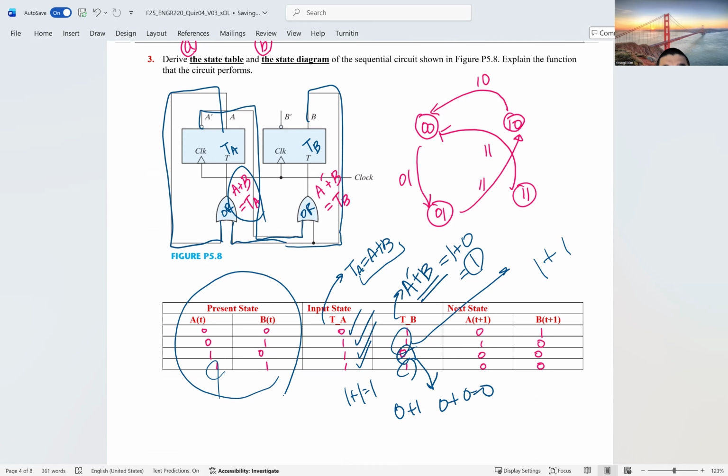And the next state, you know, so what is the next state? Thinking about what is the next state?